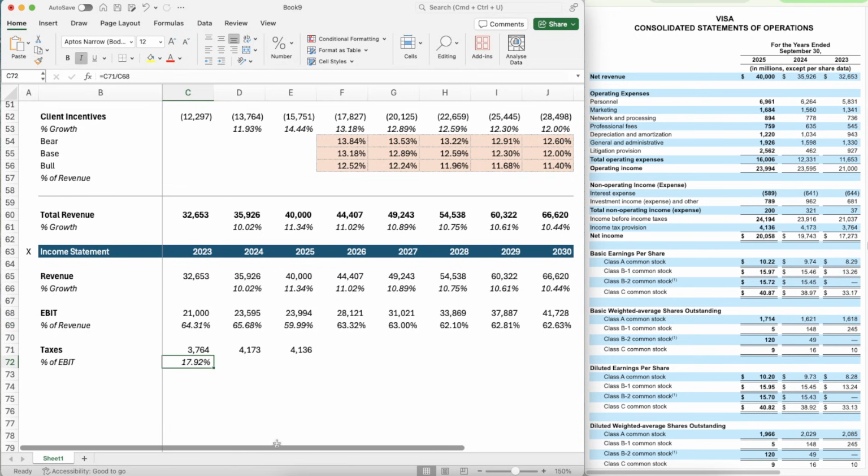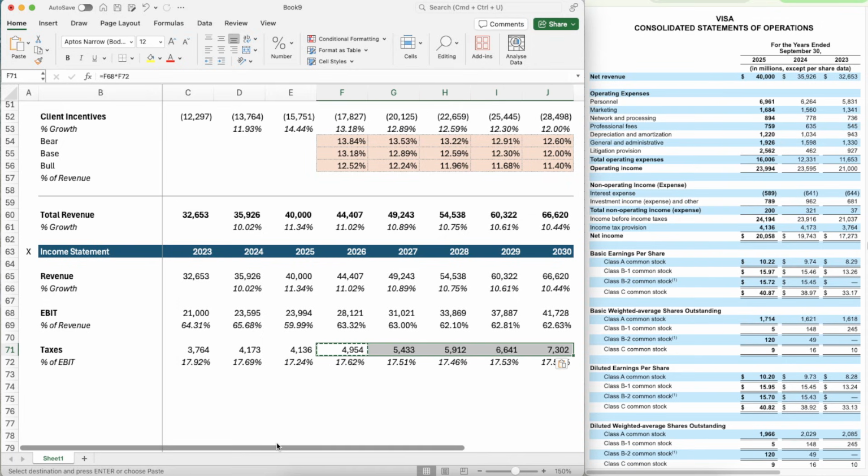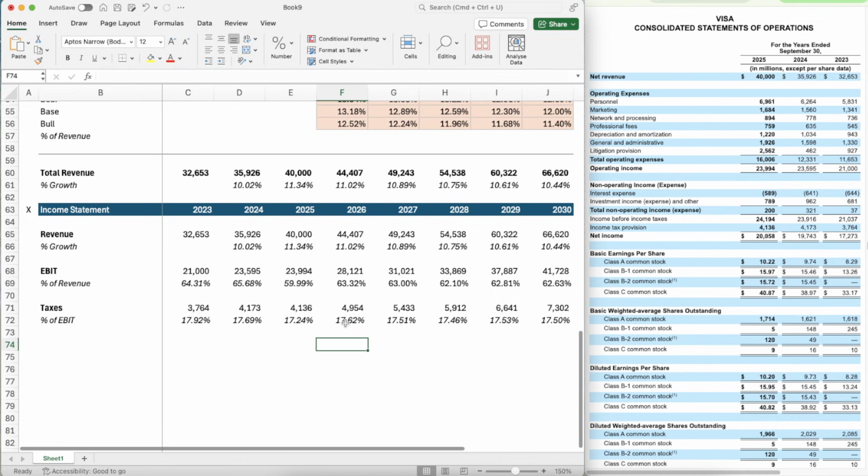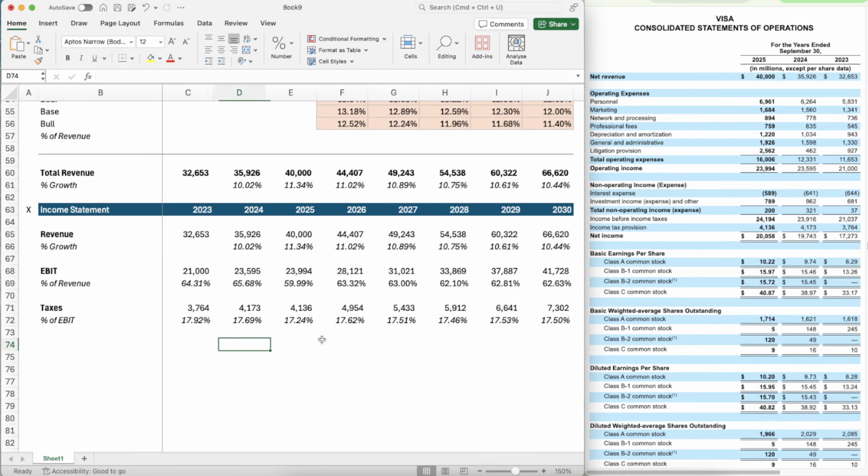So yeah, about 18%, well, towards 17. Take the average of the last 3 years, and across your EBIT, multiply it by your tax rate. There we have it. Cool.